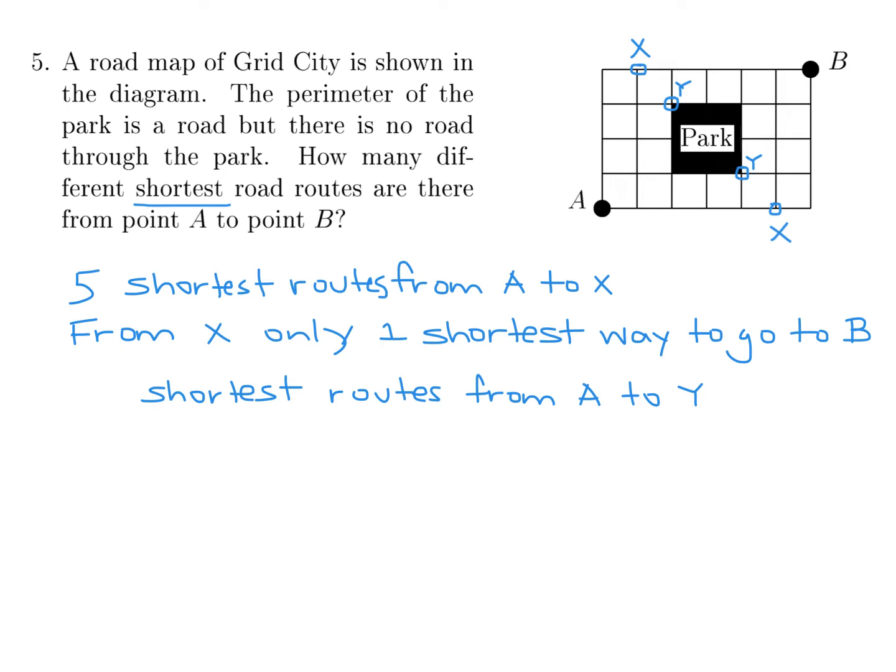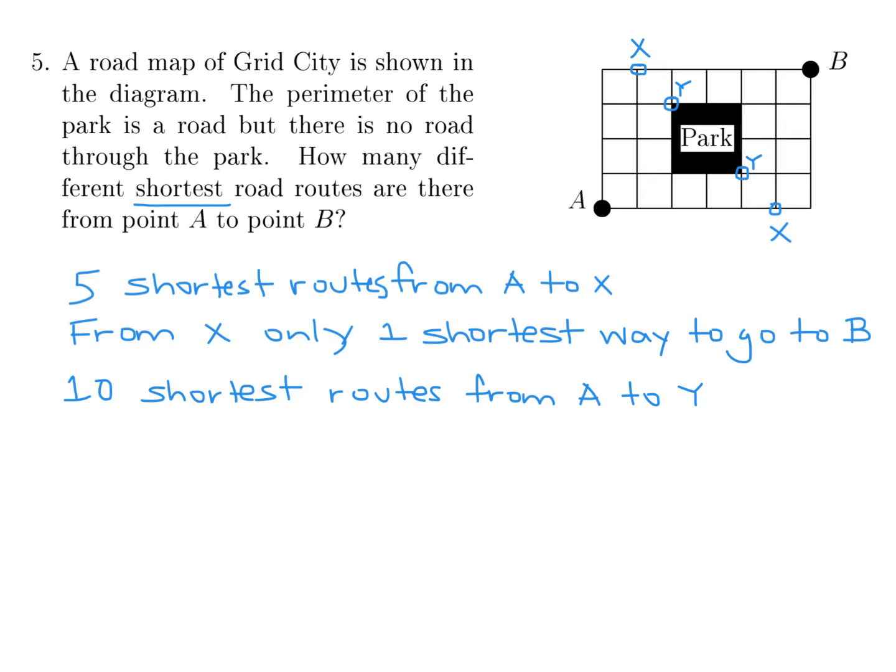So that's 1. And then this would be 2. This would be 3. And then this would be 4, like that. This would be 5. And this would be 6. And then I believe this would make me 7. This would be 8, 9, and finally 10. So hopefully I was able to illustrate that there's 10 shortest routes from A to Y.